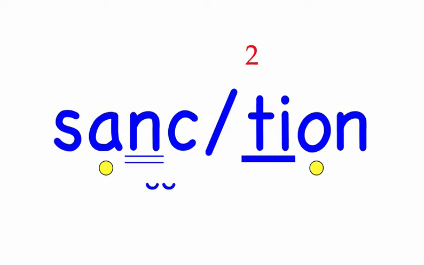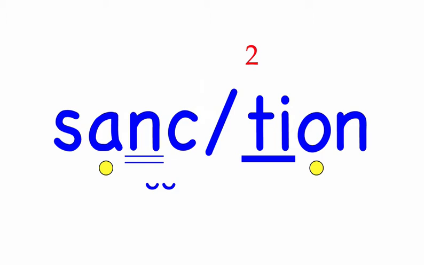Now the first thing we do to mark the word is look for teams. We look to see if a letter represents its second sound, and we look to identify a silent E if there is one in the word. In this word, N is representing its second sound, double underline it. TI is a team. Next, we identify our vowel sounds. 2 vowel sounds, so we have a 2-syllable word. Next, we apply syllable division.